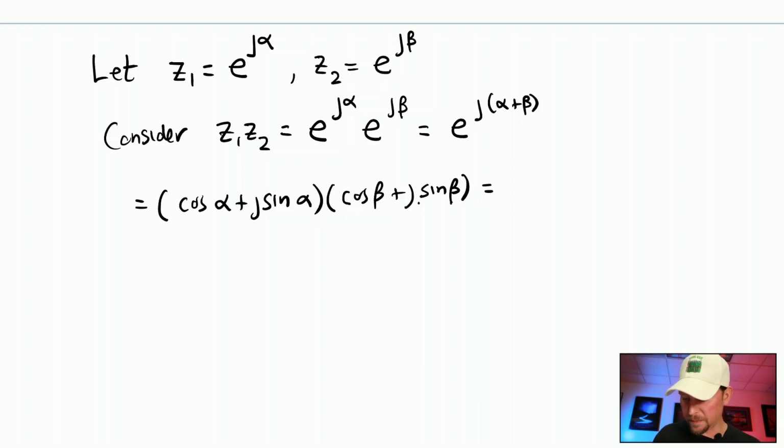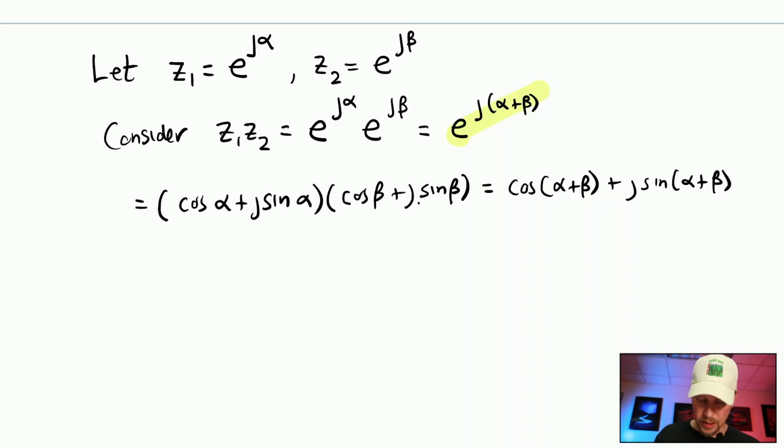And on the opposite side, this portion right here can be rewritten as the cosine of the argument alpha plus beta plus j times sine alpha plus beta. So all I did was I rewrote this part in Cartesian, I rewrote this part in Cartesian, and I rewrote this part in Cartesian. Right? Now, on the right-hand side of this equation, there's nothing left to do.